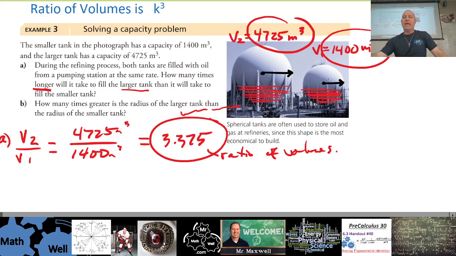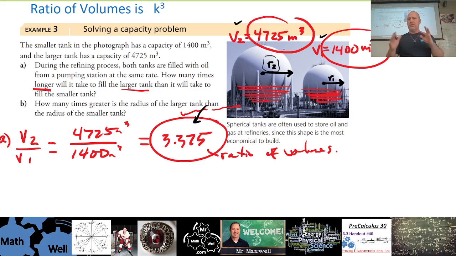Does that mean that the radii, radius 1 and radius 2, are related by the same number? No? Okay, so this is a volume, and this is a single dimension. So from what we've learned in this section, how can I use that 3.375 to find out the ratio of the radii? Any ideas?